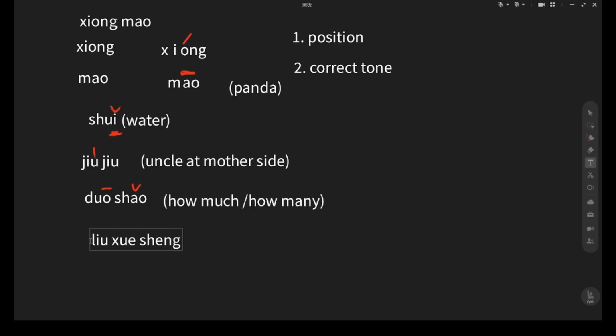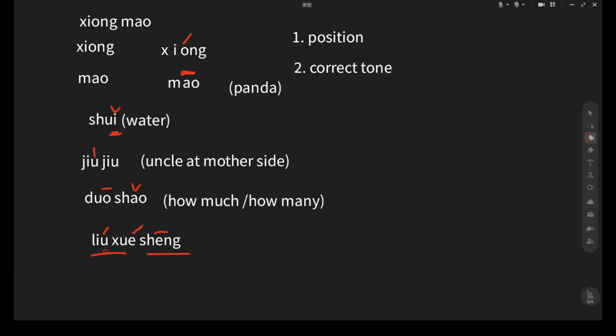So you write the pinyin on your notebook, okay? Done. Okay, so I'll read it. It's correct too, okay? 留学生 留学生. Mark it. It's second tone. This is first tone, okay?